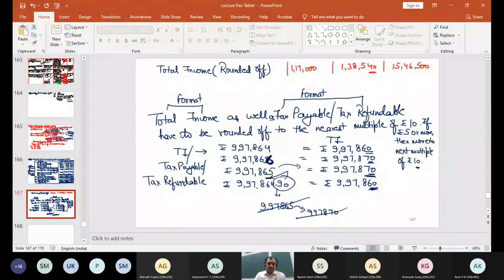We have covered 4 retirement benefits in detail: gratuity, pension, leave encashment, and provident fund.